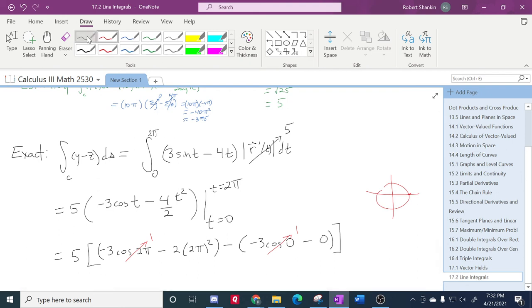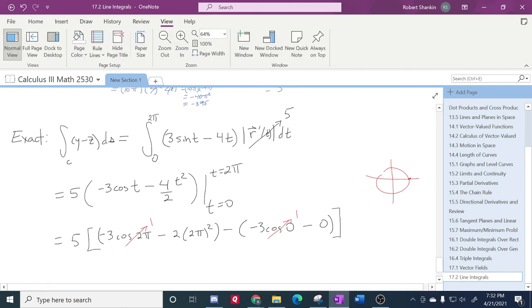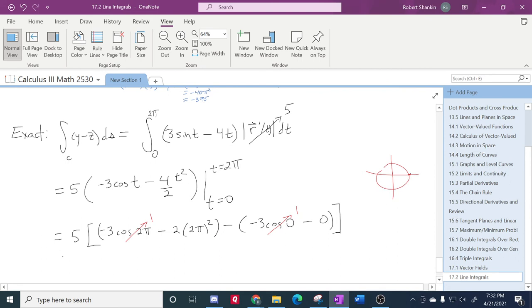So then I'm going to get 5 times negative 3 minus 4 times 2 is 8 pi squared, minus a negative is plus 3. And then these cancel out. I get negative 40 pi squared.